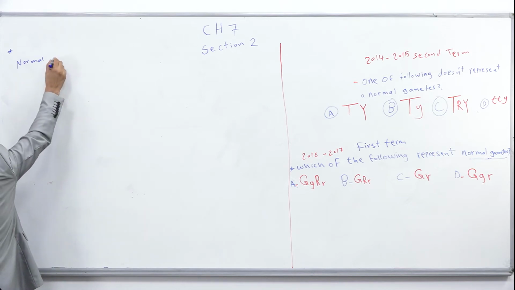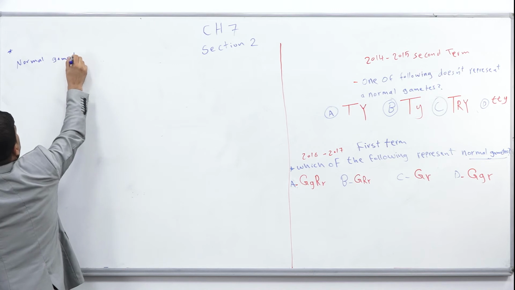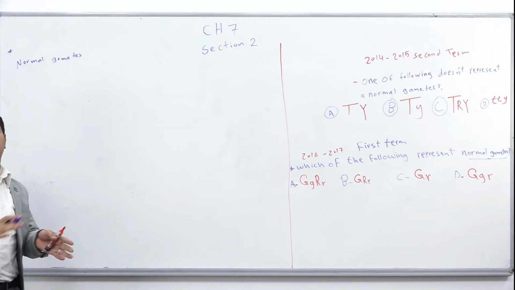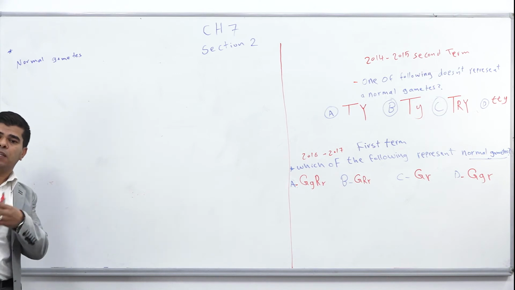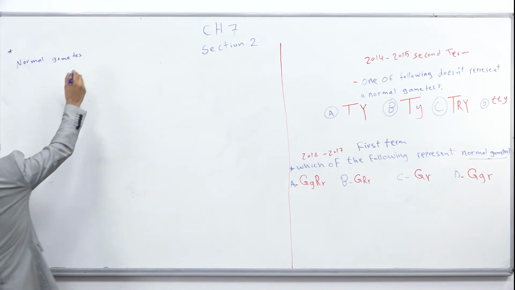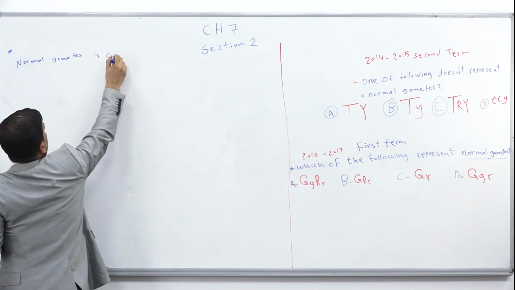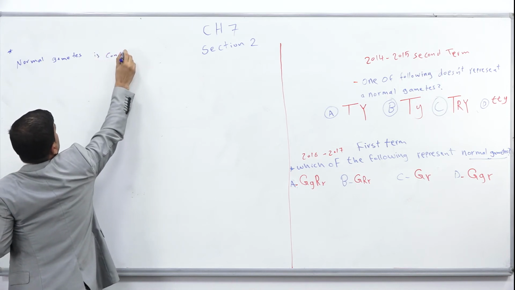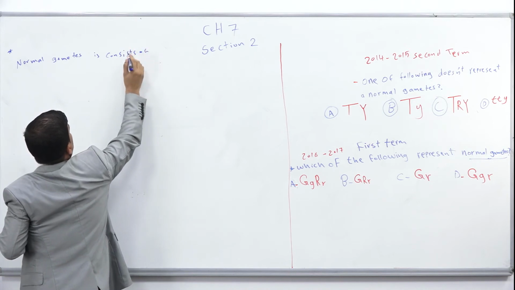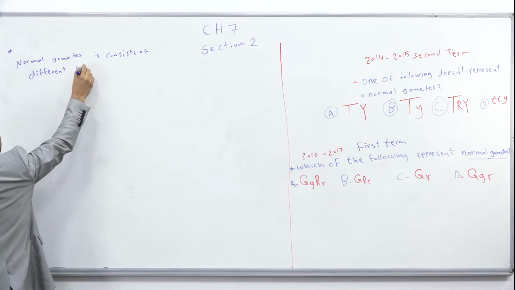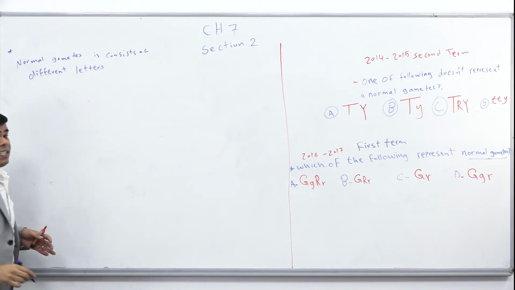So a normal gamete contains different types of letters, a variety of letters. It doesn't contain repeated letters. So a normal gamete consists of different letters. What does different letter mean?